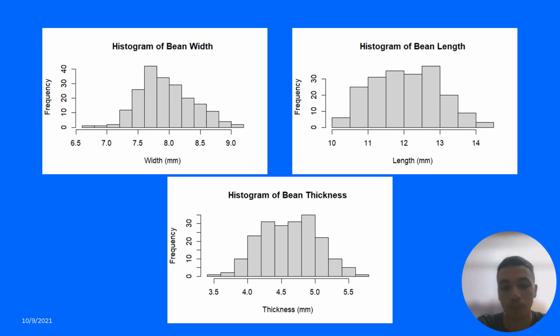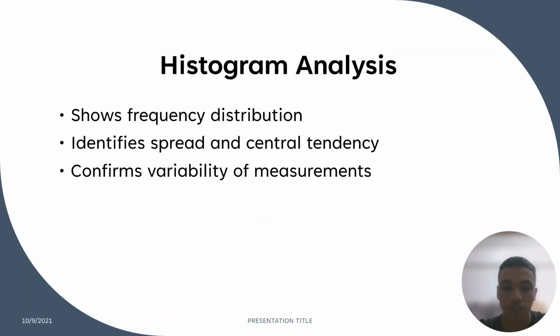Okay, now let's move to the histograms. Based on our study, we have these three histograms. The first one is the histogram of bean width, the second one of the length, and the third one is for the thickness. The histograms illustrate the frequency distribution of each variable.